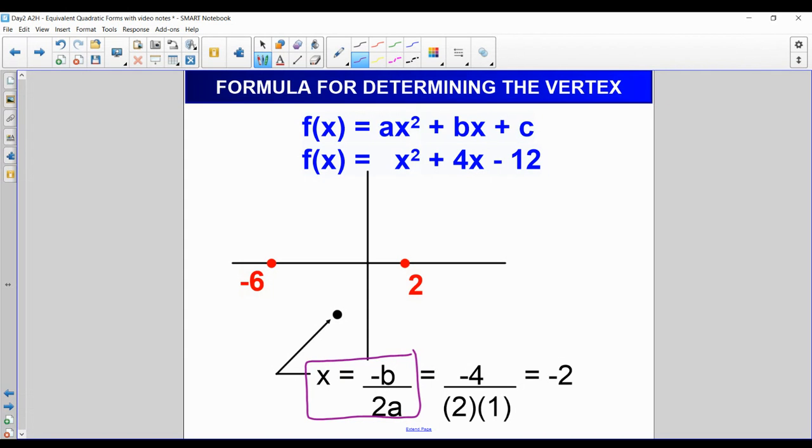So I take the opposite of my b value, put it in the numerator, and then multiply 2 times my leading coefficient, put it in the denominator. That will give me the x value of the vertex. So doesn't that also give me the line of symmetry?